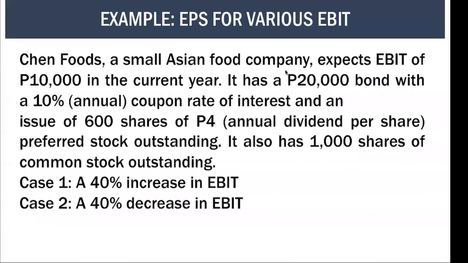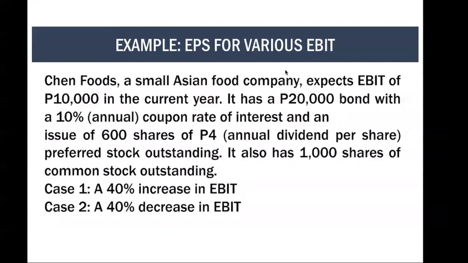So let's see if we are correct in what we have said. A while back, we said that if there is a change in EBIT, the effect on the EPS is greater than the change in EBIT. So we have here a 40% increase in EBIT and a 40% decrease in EBIT.